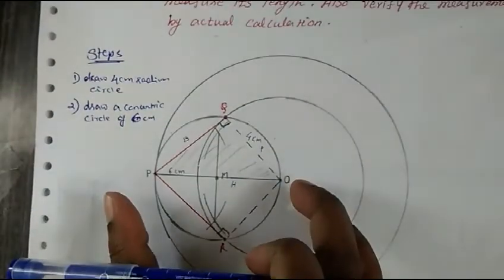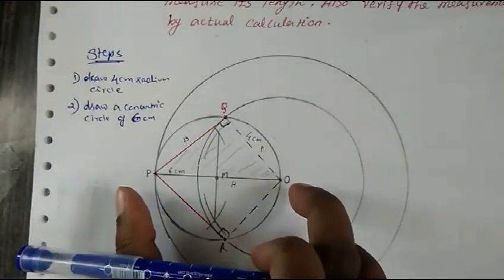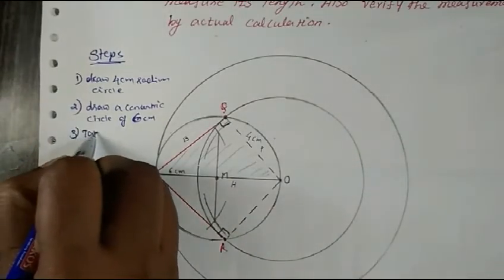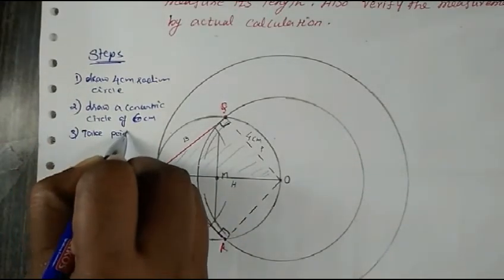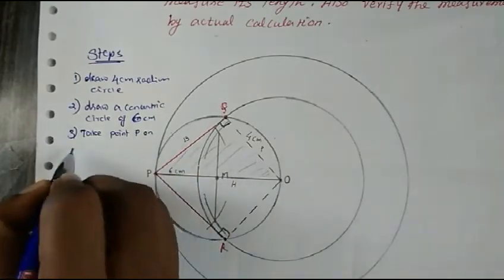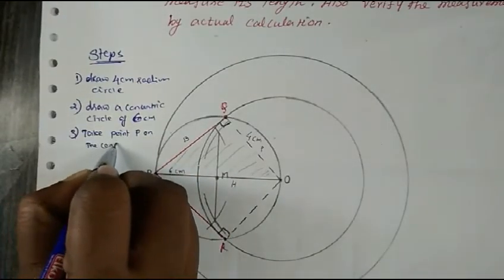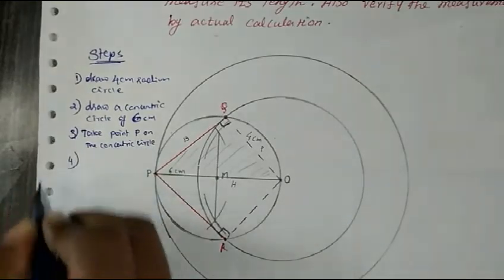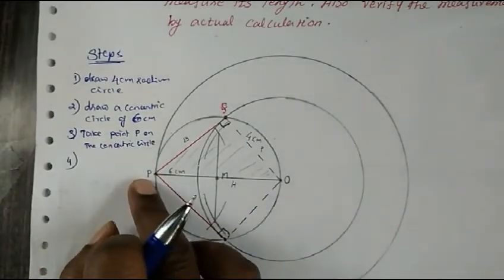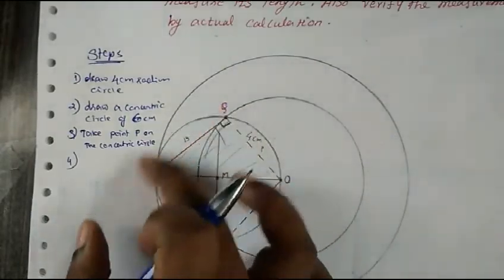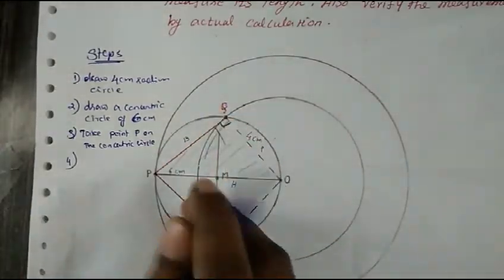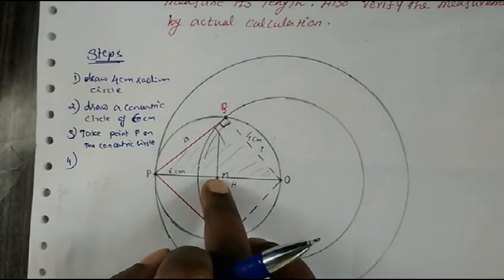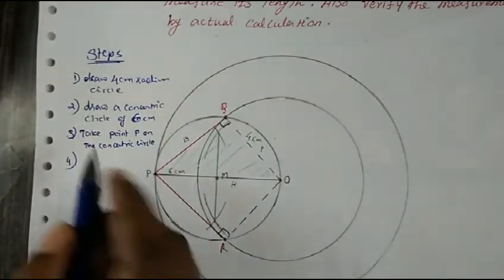Next, we took a point P. Take point P on the concentric circle. Then after taking point P, we drew another circle. For PQ, first we drew the perpendicular line, then found the midpoint, then we drew another circle.